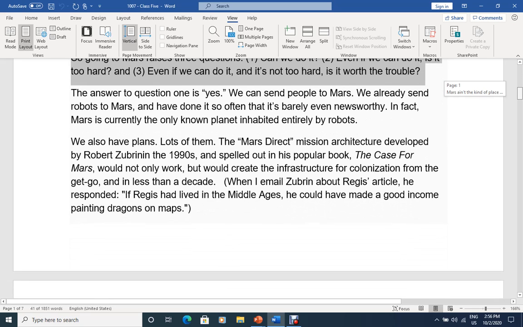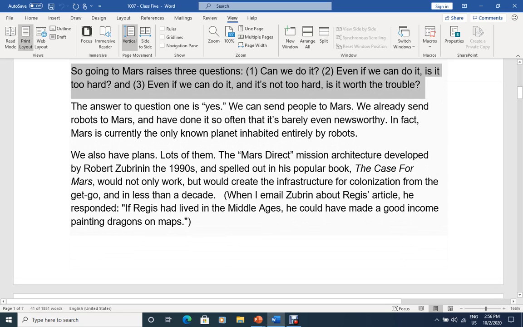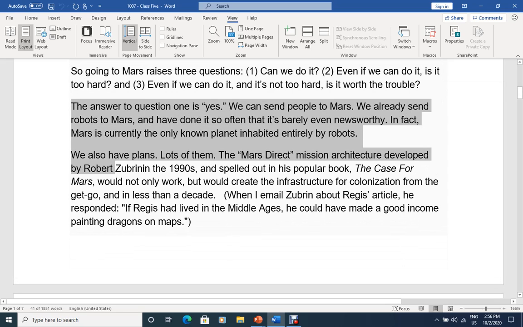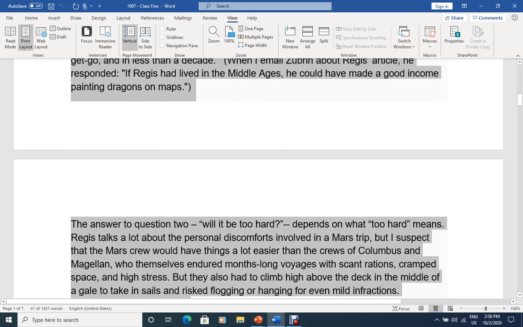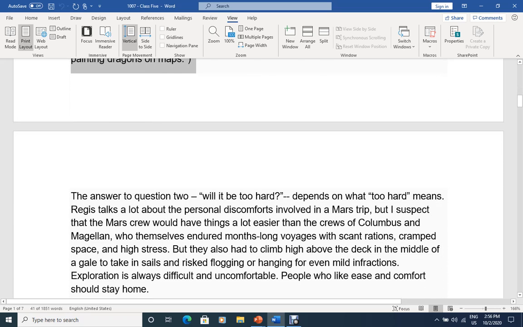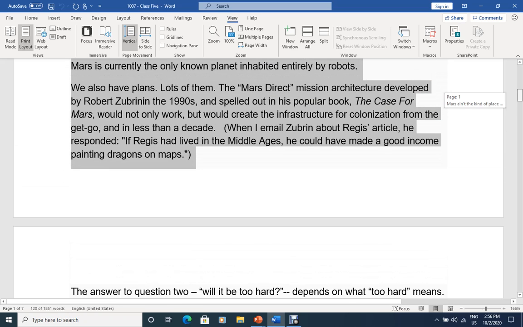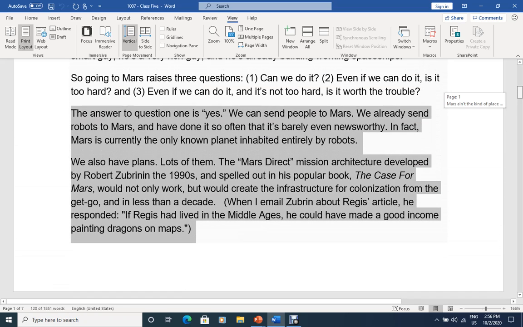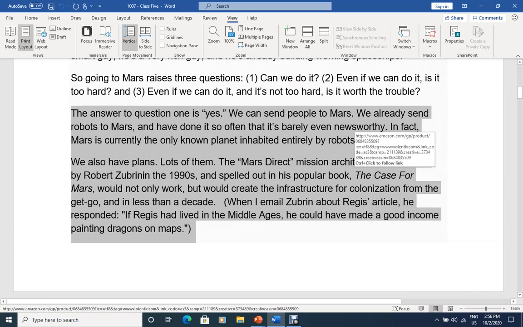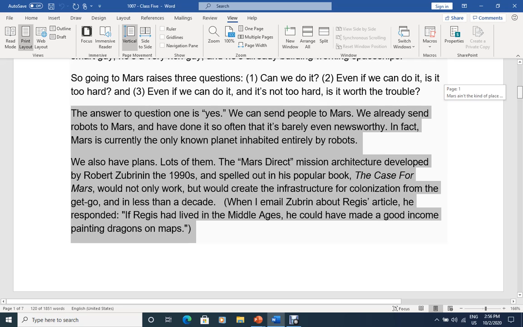So here we can see, okay, after that part, we've got two paragraphs where he's looking at plans. He's giving an example, and he's making an argument here that, yes, we have plans that would enable us to go to Mars.